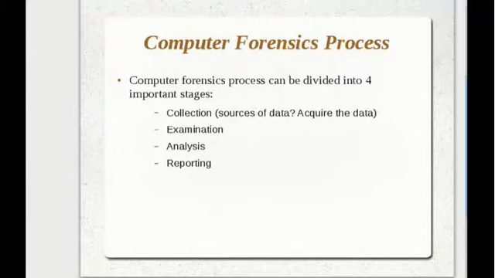First you need to identify the possible sources of data, and then you need to acquire the data. Identification is not enough. This collection process is the combination of both: identifying the sources of data and acquiring the data. How you are going to acquire the data is altogether a different topic, and we will see practically how to acquire the data.